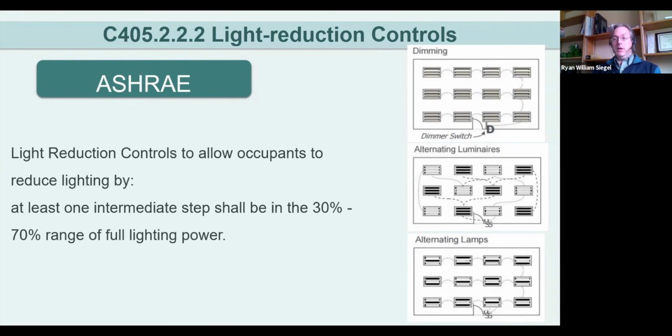Off is 100%, which is at least 50%. Ashrae has said, come on, guys. Light reduction doesn't mean off. So Ashrae has specified there needs to be a step somewhere in the 50%-ish range. 30 to 70% gives you a little bit of flexibility and leeway.